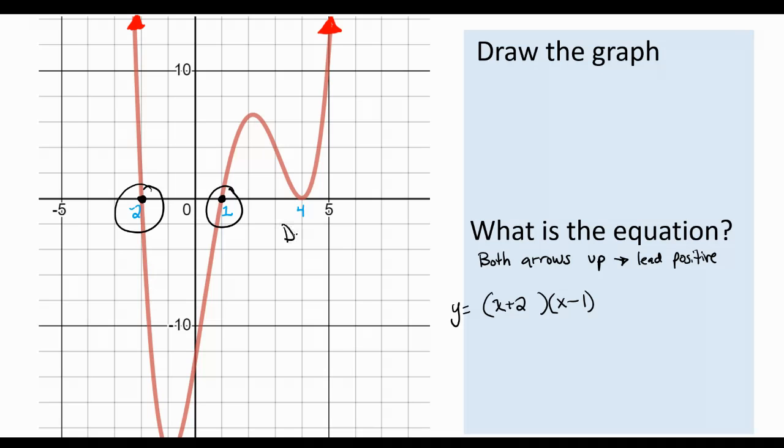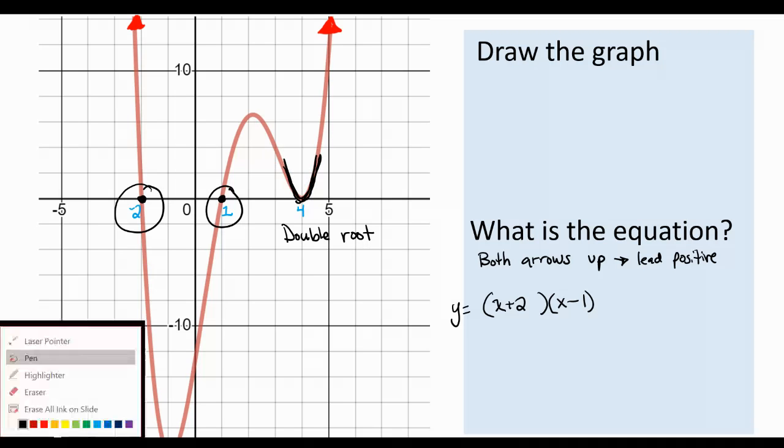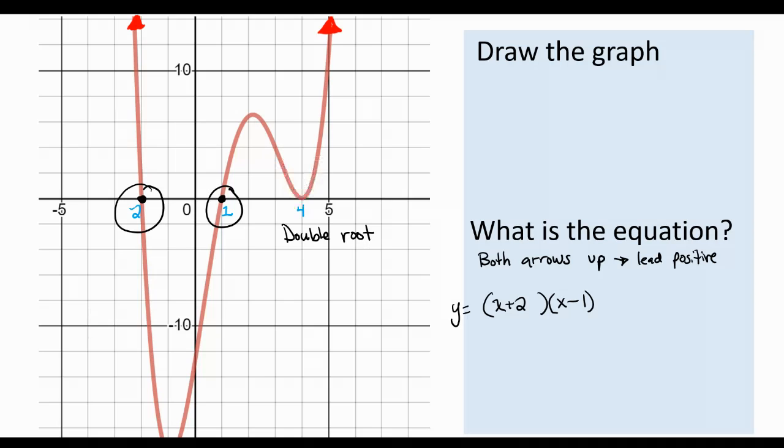Now right here is a double root because the graph comes down and hits and goes back up. It's a double root. That's part of the lesson today, okay? A double root. So that means at this spot we have to put a square. So x, it's +4, so we put -4 and square it.